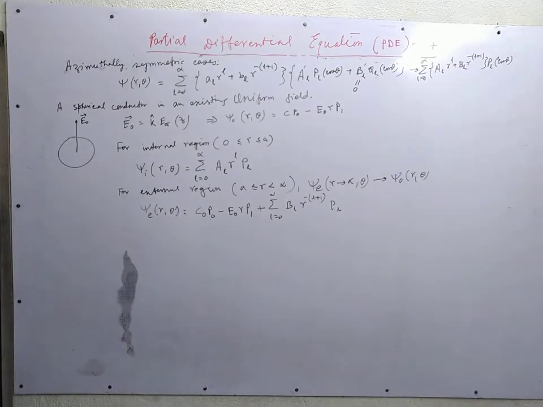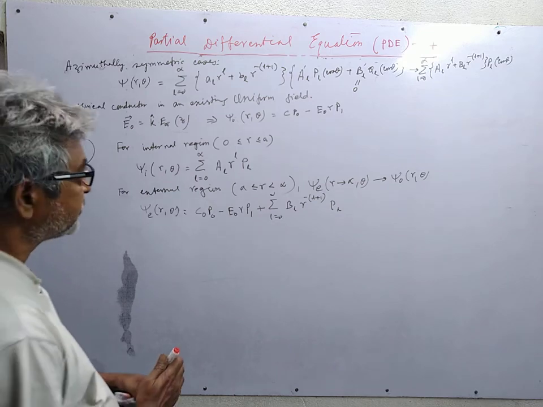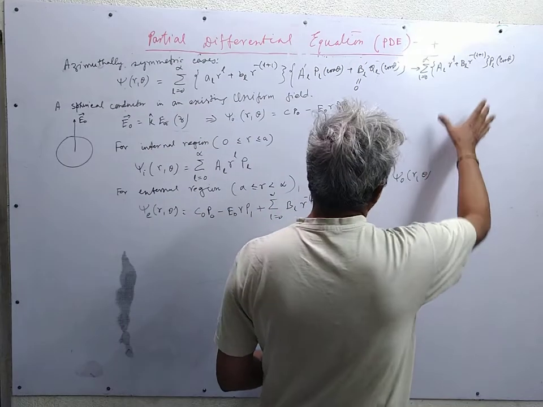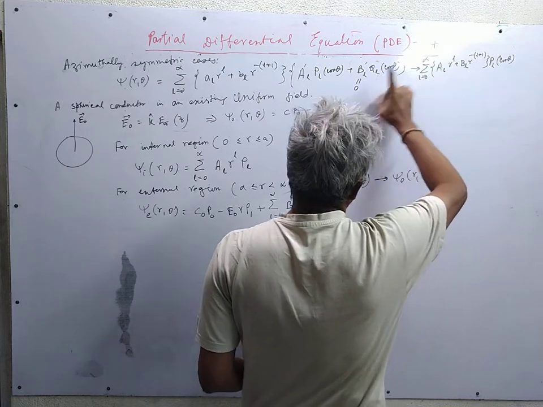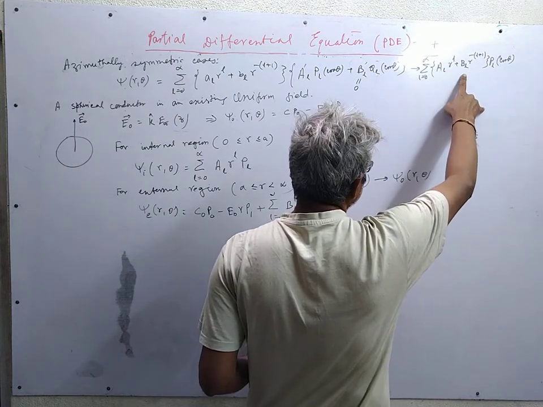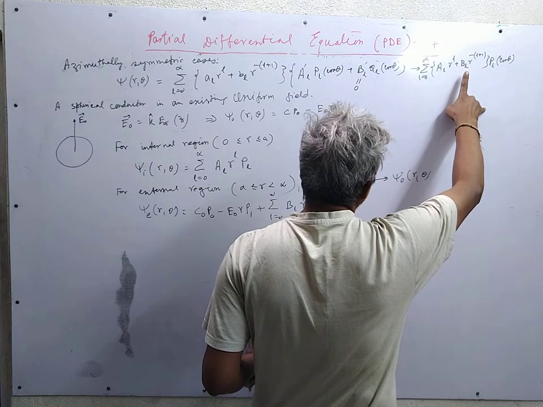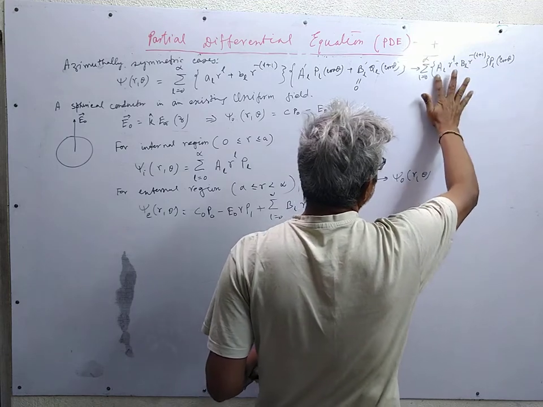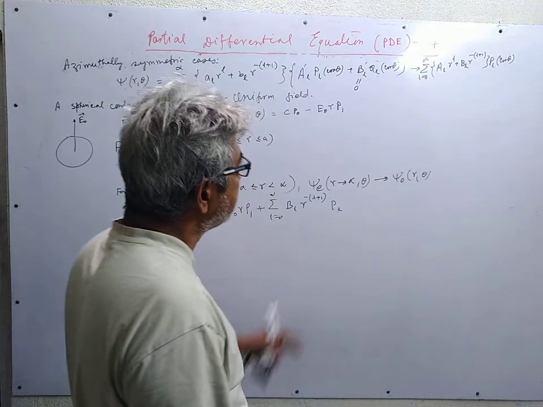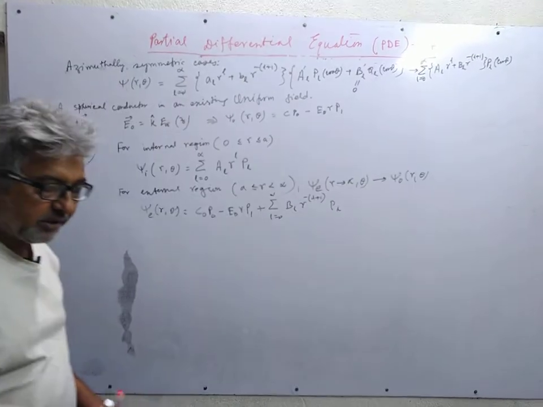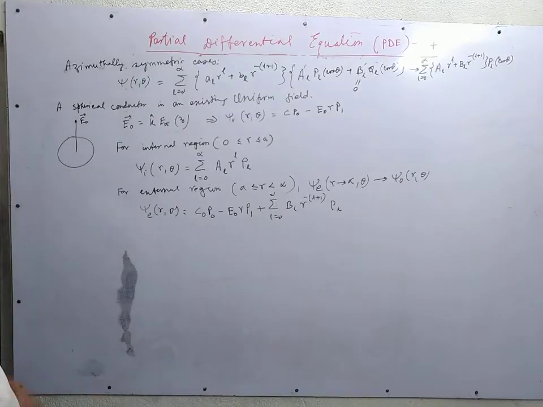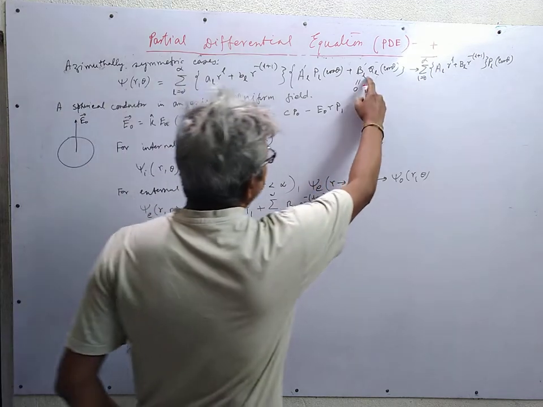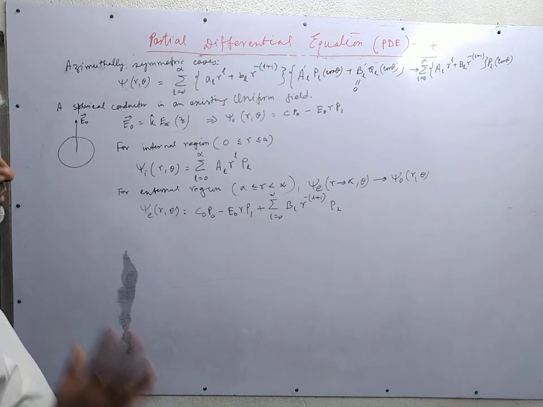Let me explain this part once more. The general solution of Laplace's equation with azimuthal symmetry is this, and this solution assumes that the z-axis is included within the system, so we must not have the Legendre function of the second kind in the solution. So we have set this part to 0. Now for the internal region, r equal to 0 is there.